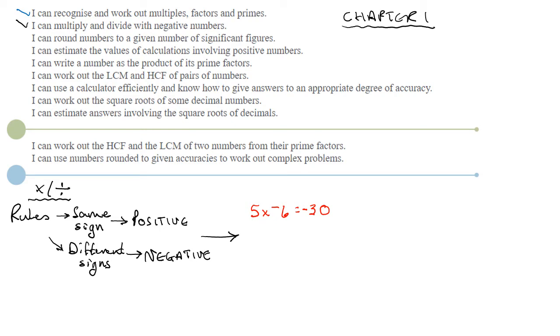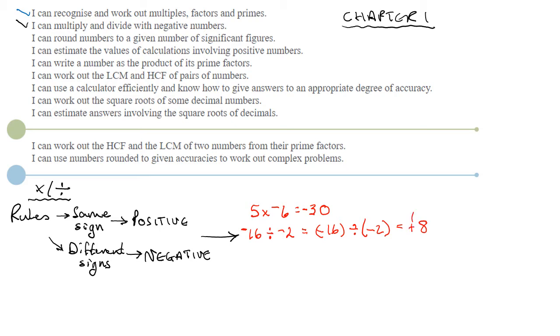If I had, let's have negative 16 divided by negative 2. Now you might see a question like this written with the negative 16 in brackets and the negative 2 in brackets. It's the same thing. Now 16 divided by 2 is 8. Since those numbers have the same sign, the answer is going to be positive.